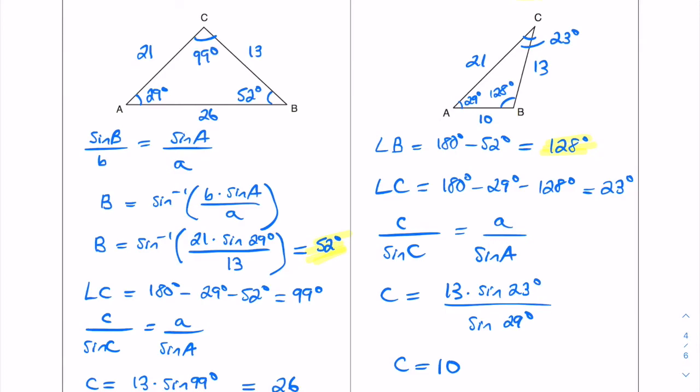All right, so this is the thing to take away from this lesson. When you take the inverse sine of a number, your calculator will always give you the acute angle. However, it could also be an obtuse angle.